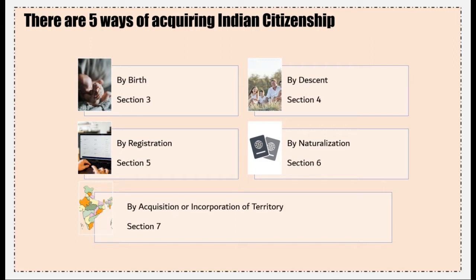These groups are Hindus, Sikhs, Buddhists, Jains, Parsis and Christians from Afghanistan, Bangladesh and Pakistan who arrived in India on or before December 31st, 2014. These groups of illegal migrants will not be deported or imprisoned for being in India without valid documents.